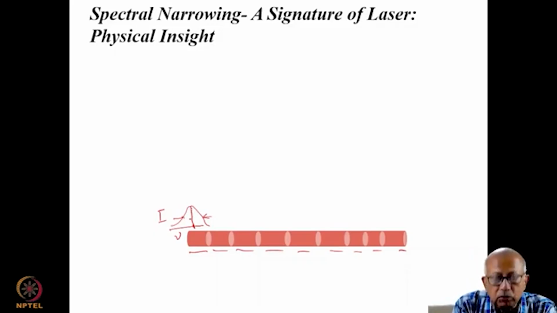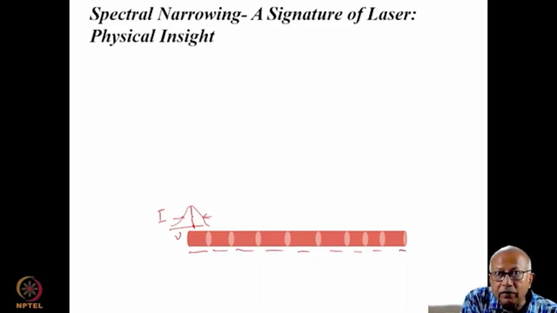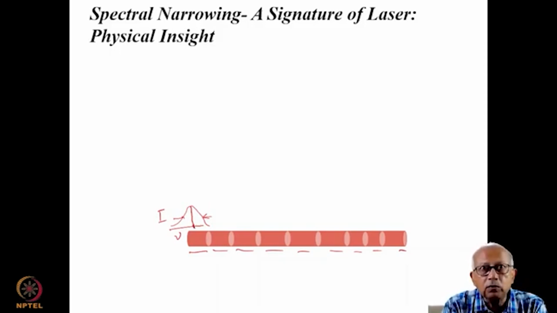Now when this distribution of photons comes here, they will stimulate, because there is gain here. You have inverted population. They will now do stimulation of the excited molecules in this region. Stimulation will be more at this frequency, where the number of photons is more. Wherever the photon number is more, stimulation will occur.